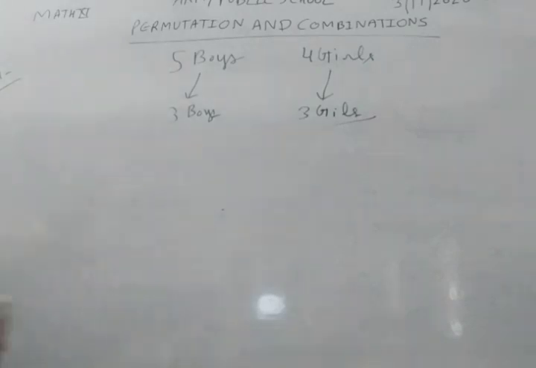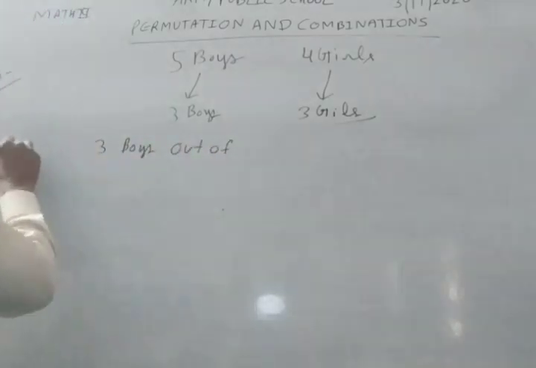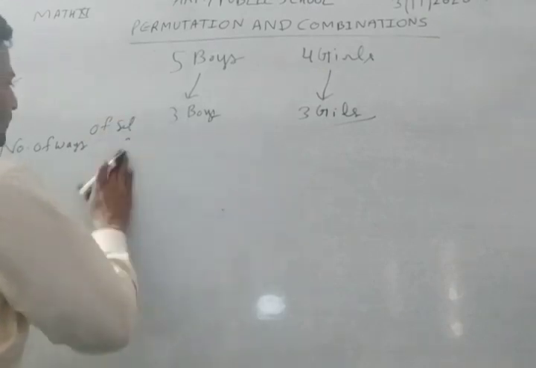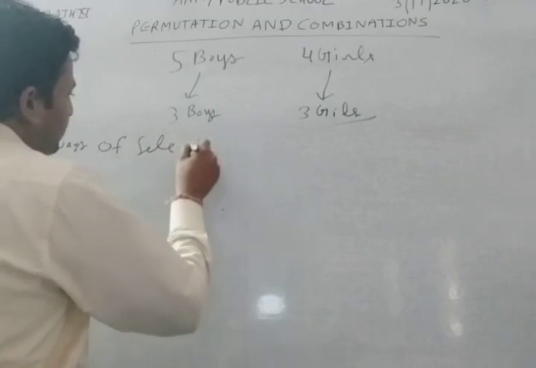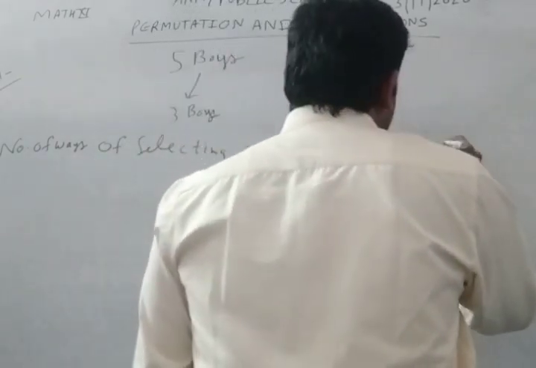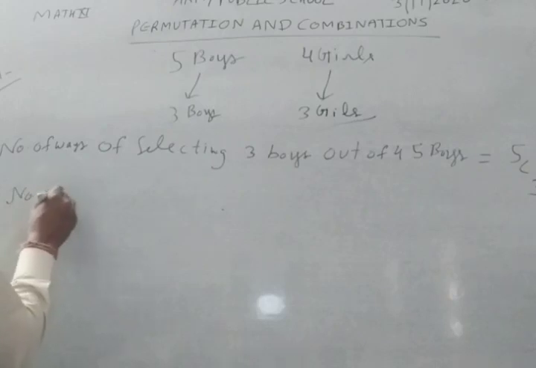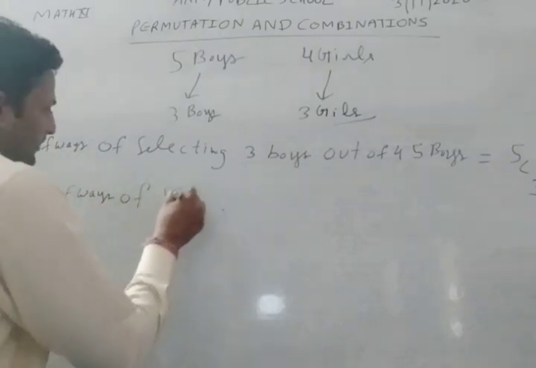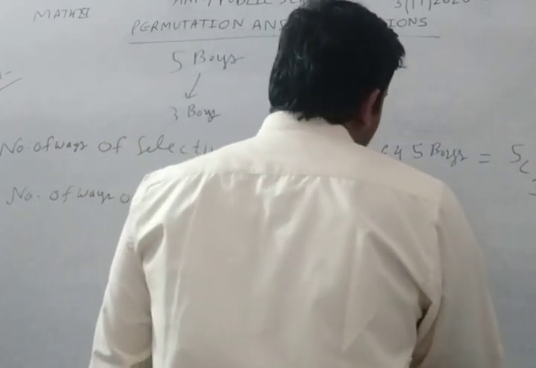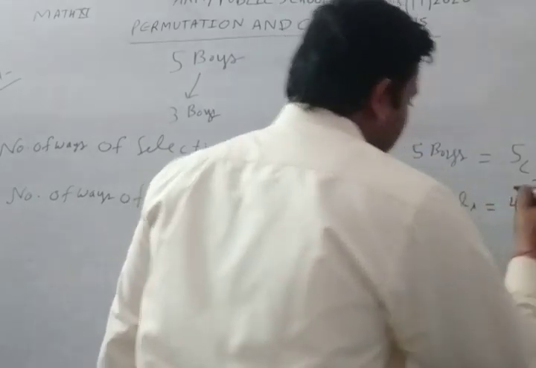So we write the number of ways of selecting 3 boys out of 5 boys will be 5C3. Again, the number of ways of selecting 3 girls out of 4 girls is equal to 4C3.